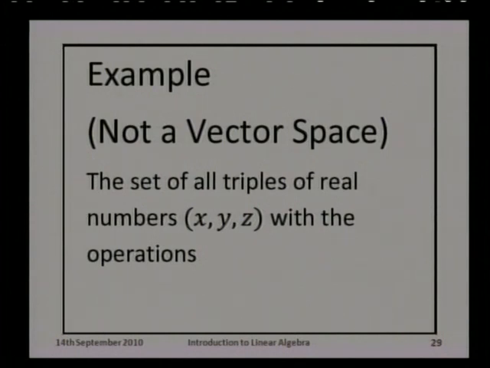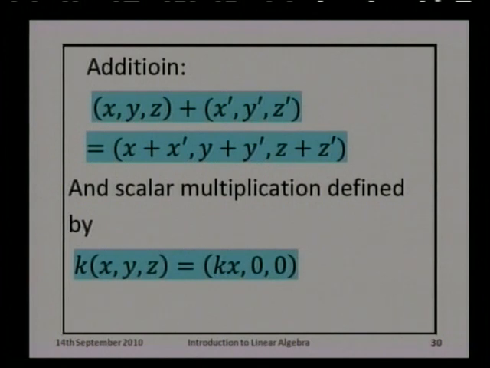For example, consider the set of all triples of real numbers x, y, z with pointwise addition, that is (x, y, z) plus (x', y', z') equals (x plus x', y plus y', z plus z'), and the scalar multiplication defined by k times (x, y, z) equals (kx, 0, 0).